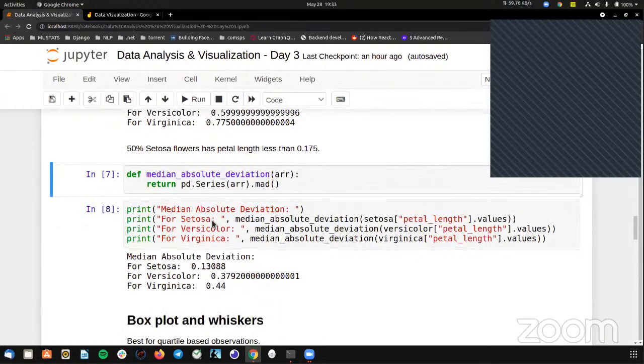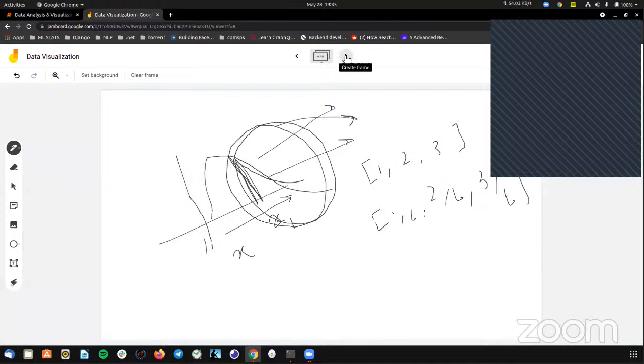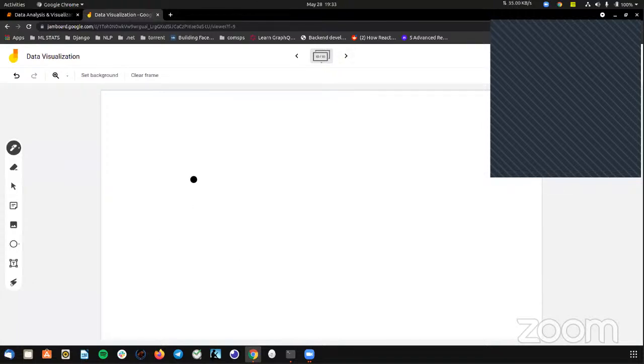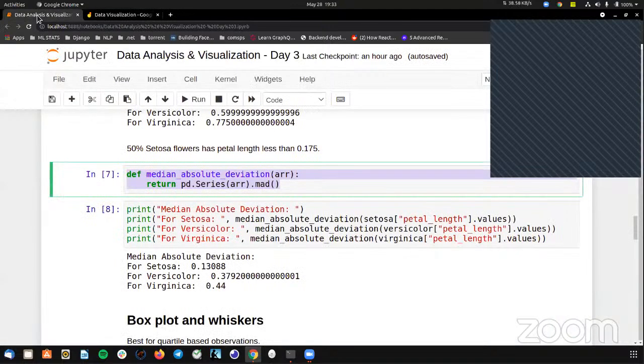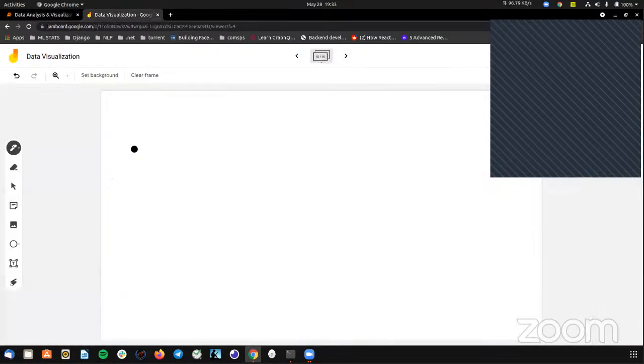And now, coming back to the median absolute deviation. So how exactly do you interpret it? Sorry, it is median absolute deviation, not mean. So what is the first pro? What is the first benefit of median absolute deviation? Can anyone tell me?